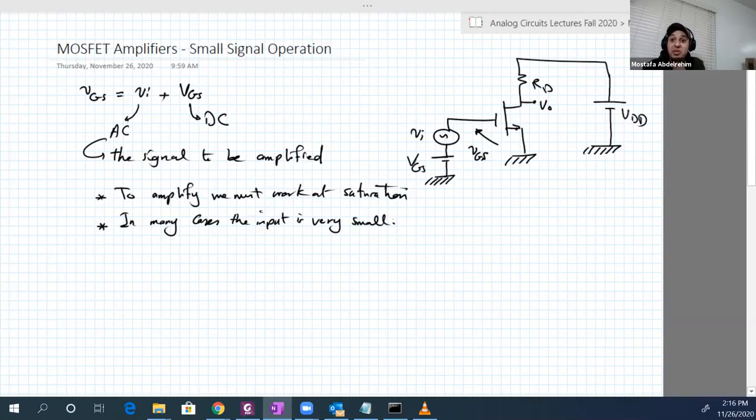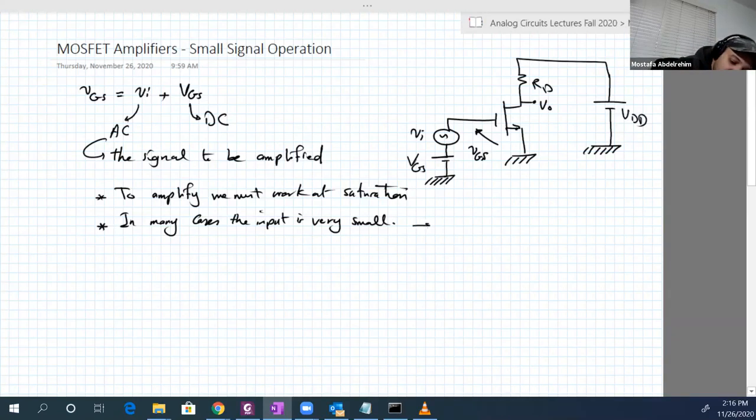That's why it's important to study the characteristics of the circuit if we assume that the input is very small. And very small means, as we will see later, much less than VGS minus V threshold.